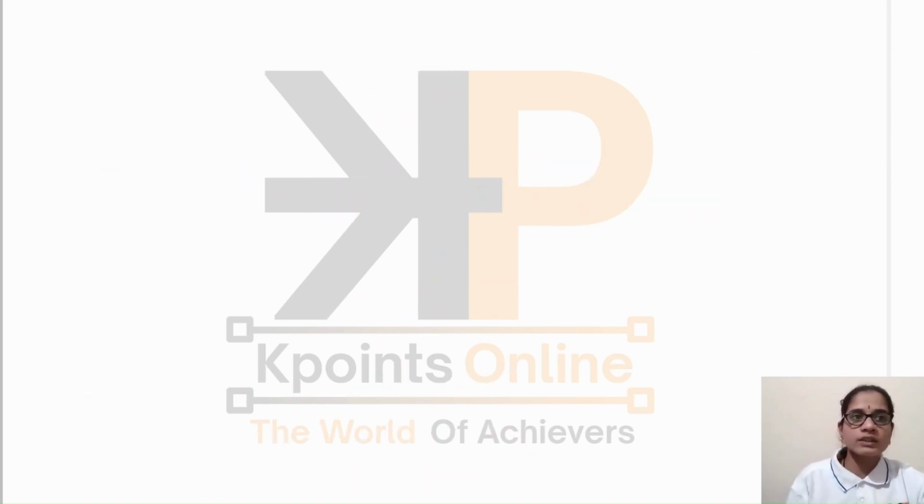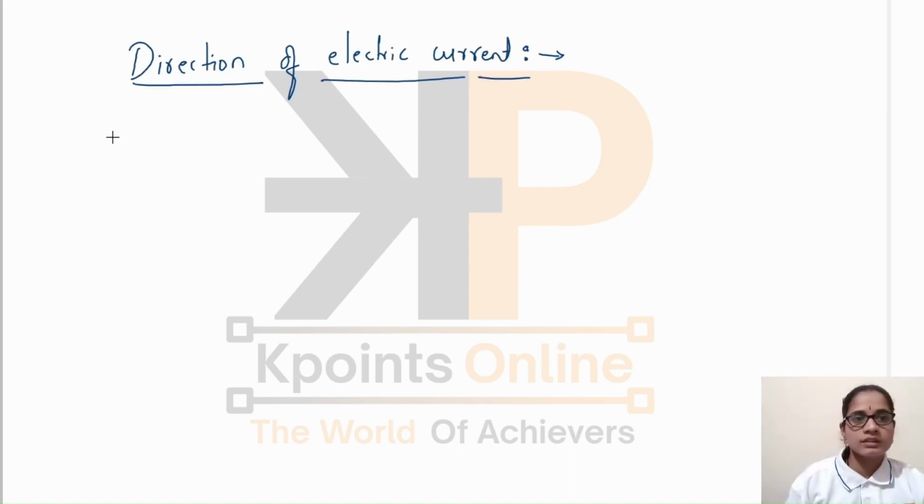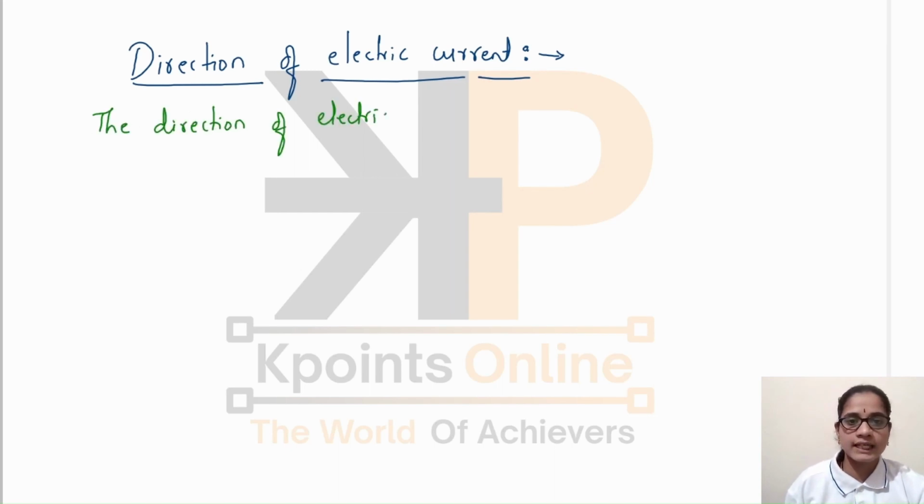Now let's see about the direction of electric current. The direction of electric current is opposite to the flow of negative charges, that is electrons.